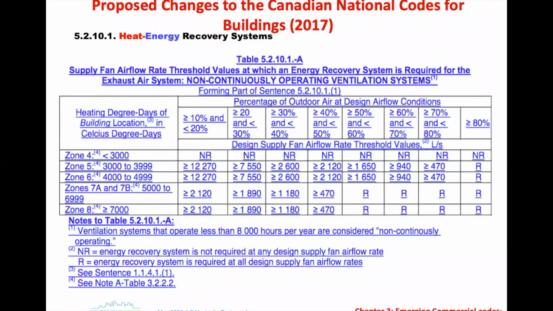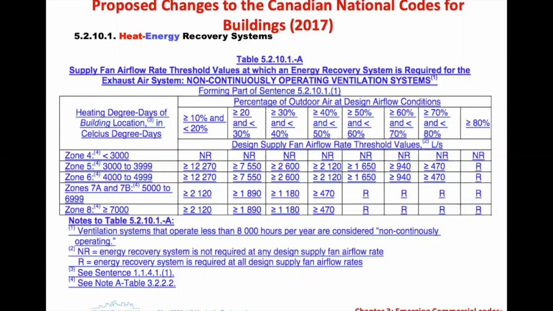As you can see, it's only required in zone 8 and zone 7 at a certain percentage of outside air in your airflows. So what they're saying is that if you have higher volumes of air and a higher percentage of that volume in those colder climates, they require heat recovery, energy recovery ventilation.